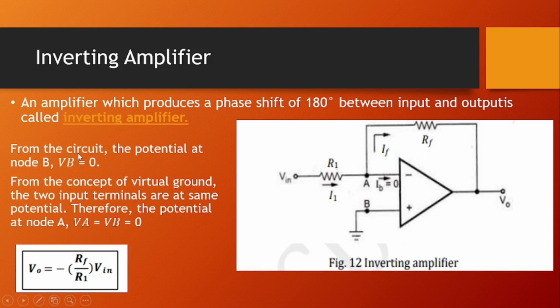From the concept of virtual ground, the two input terminals are at the same potential. Therefore, the potential at node A, VA, equals VB, which equals 0. The formula is Vo equals negative Rf over R1 times Vin, which is inverting.